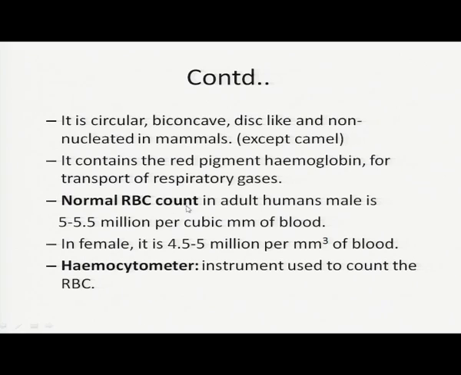A little additional information I would like to give you: the normal RBC count in an adult human male is 5 to 5.5 million per cubic millimeter of blood, and in the case of female it is 4.5 to 5 million per cubic millimeter of blood. We can count the number of RBCs by using an instrument known as the hemocytometer.